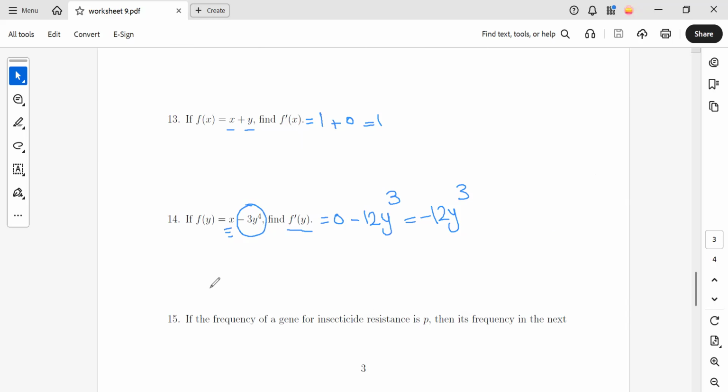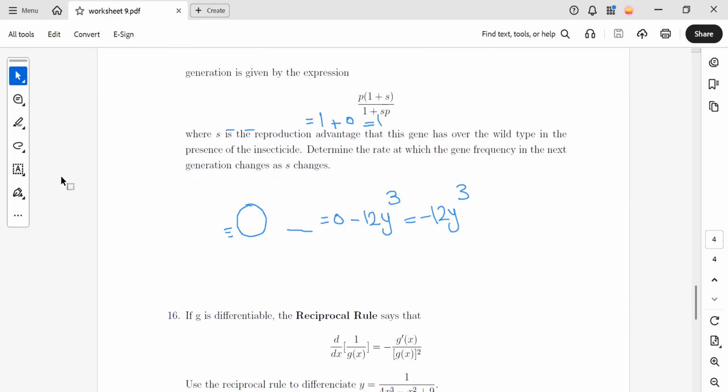15, let's read it. If the frequency of a gene for insecticide resistance is P, then its frequency in the next generation is given by the expression P times 1 plus S over 1 plus SP, where S is the reproduction advantage that this gene has over the wild type in the presence of insecticide.